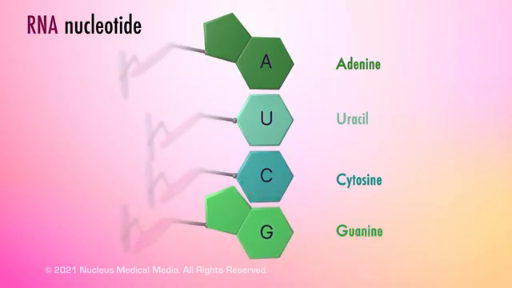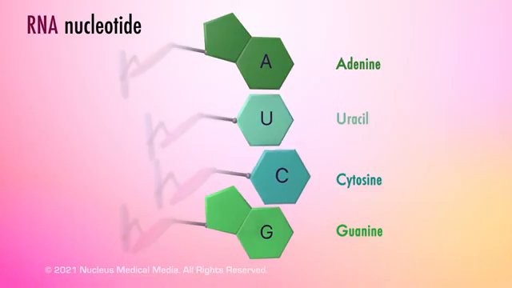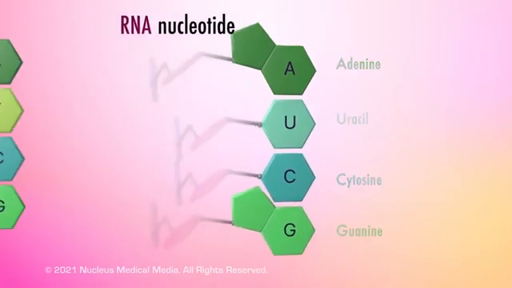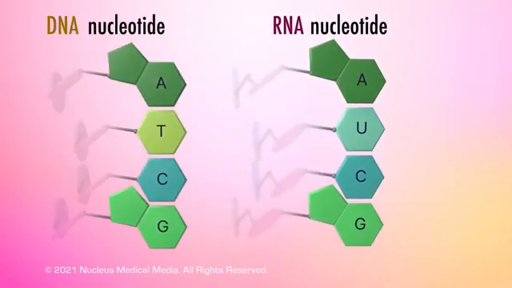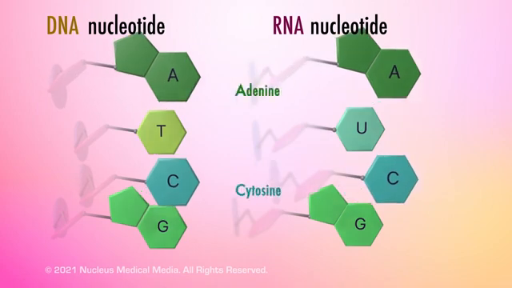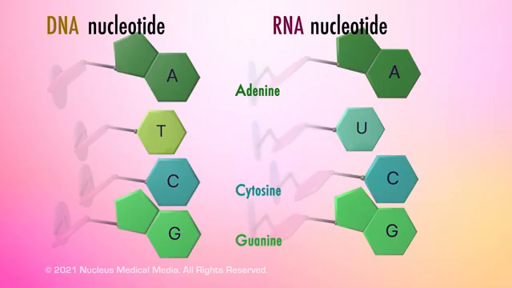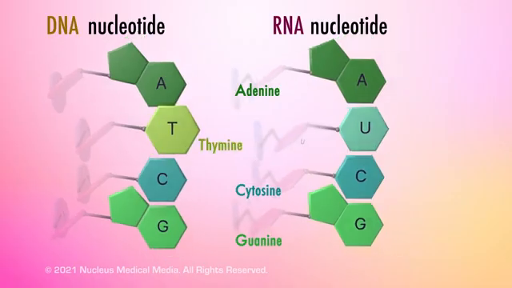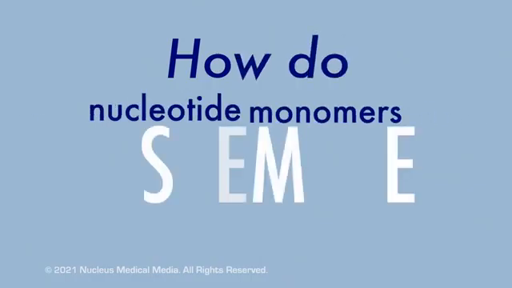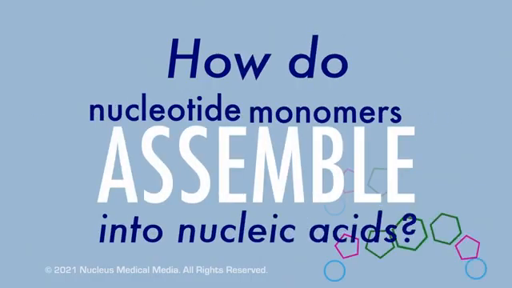They are abbreviated as A, U, C, and G. Notice that both DNA and RNA have adenine, cytosine, and guanine, but only DNA has thymine and only RNA has uracil.